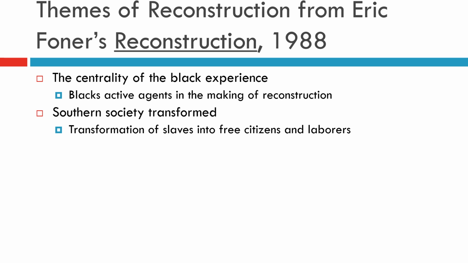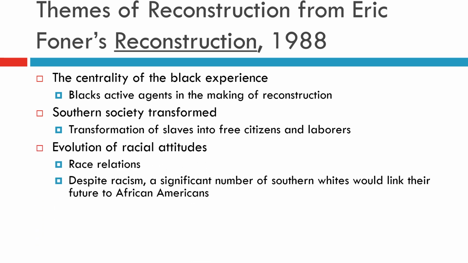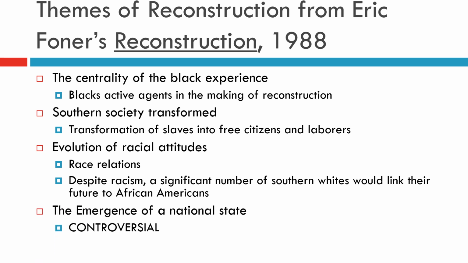Obviously, slaves are now freed, and so that brings concerns and questions over the labor system and social structure, as well as political power. He also says that there is an evolution of racial attitudes and race relations, and despite racism, a significant number of Southern whites would link their future to African Americans. And finally, he points out that there was an emergence of a national state.